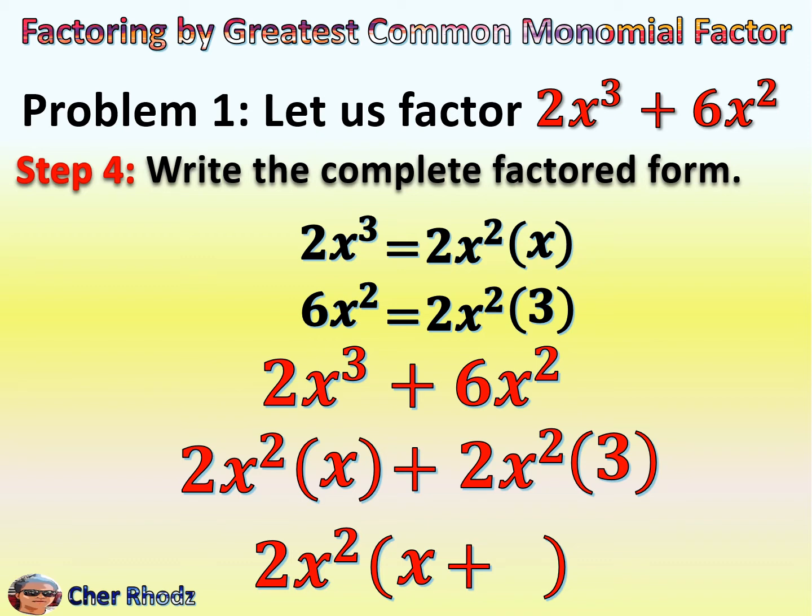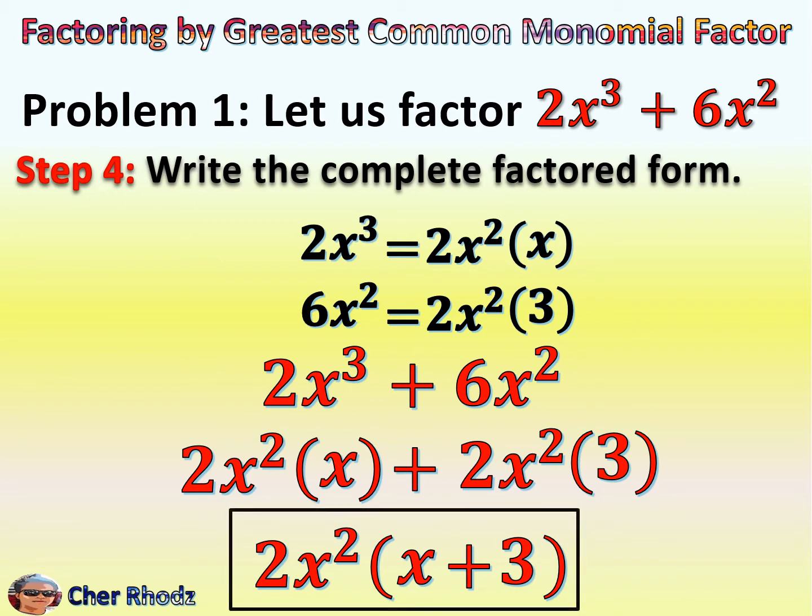The remaining number in the second term is 3, so copy it. Now, we have the factored form, 2x squared times the quantity x plus 3. Therefore, this is the factored form of 2x cubed plus 6x squared.